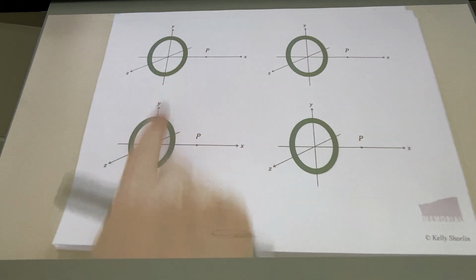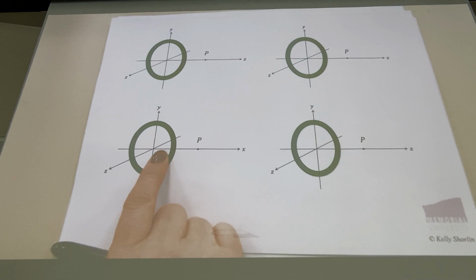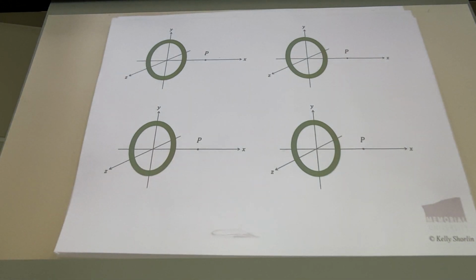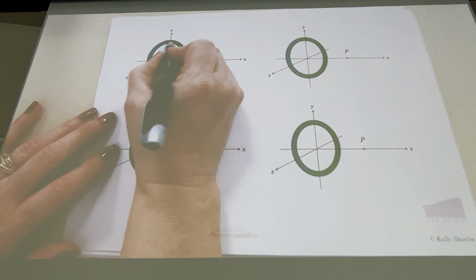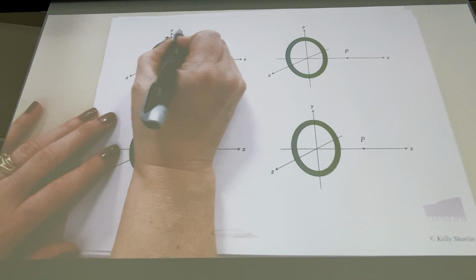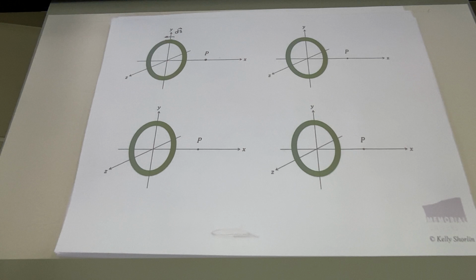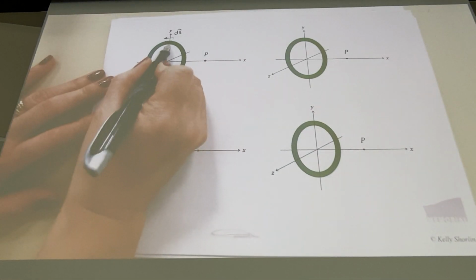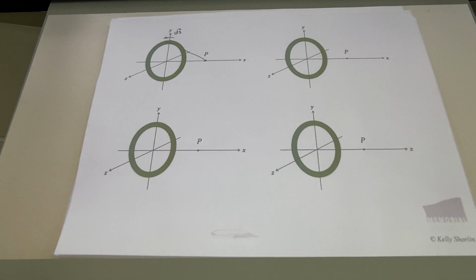For these 2 pictures here, I'm going to ask, is there any symmetry in the y direction? So the first thing I'm going to do is pick my ds, my little bit of the loop right at the top. Here's my ds. Trying to find my magnetic field here at point P. My r goes from ds to P, so my r hat is also in that direction.